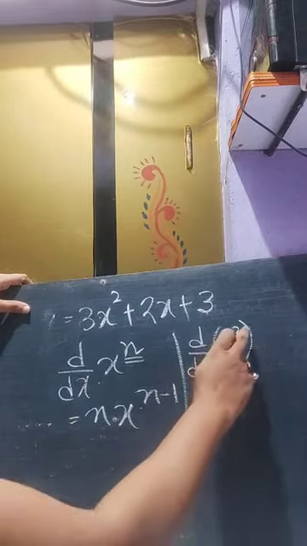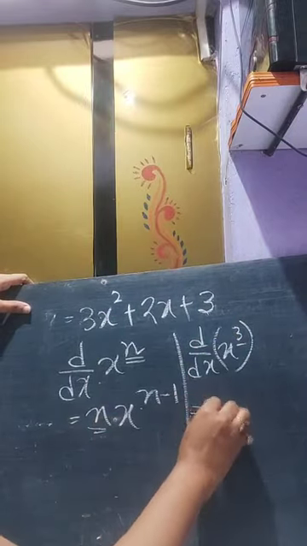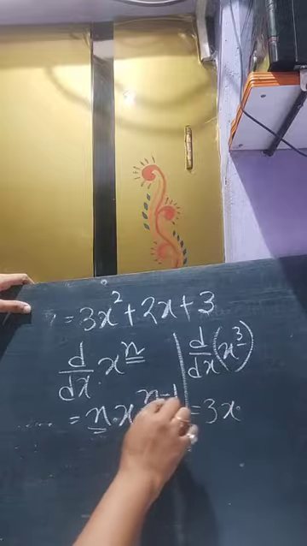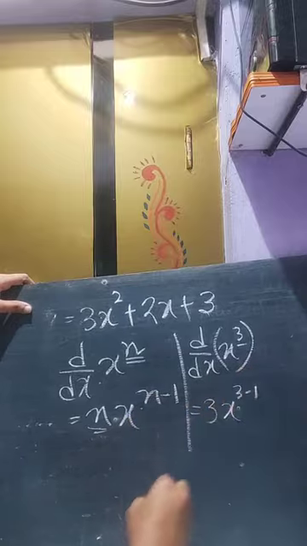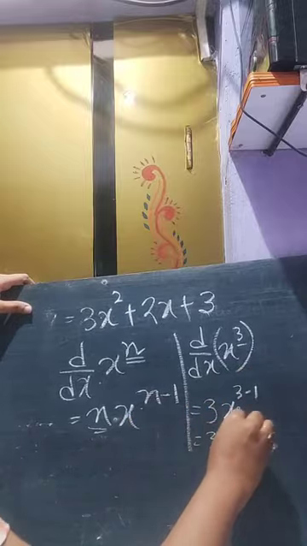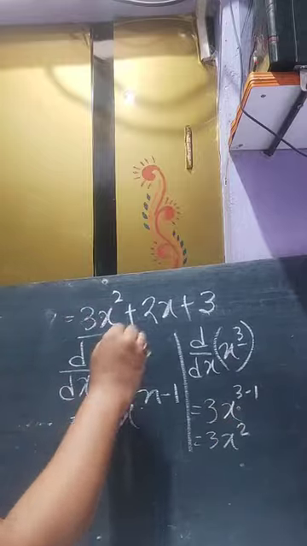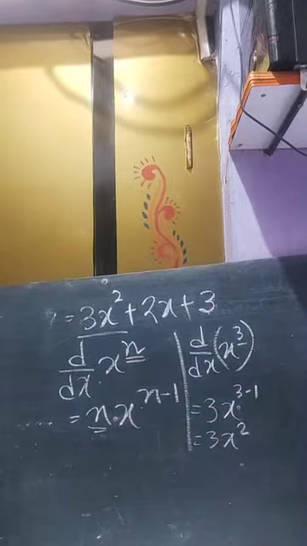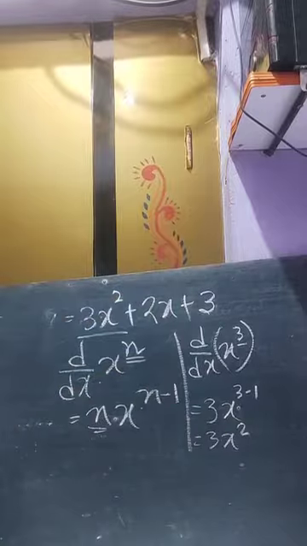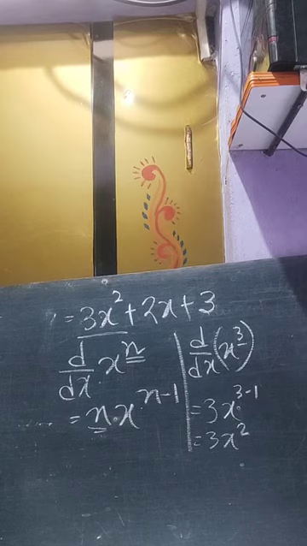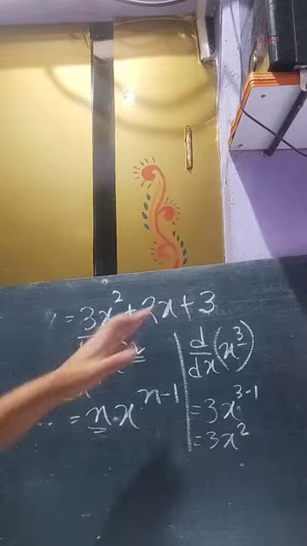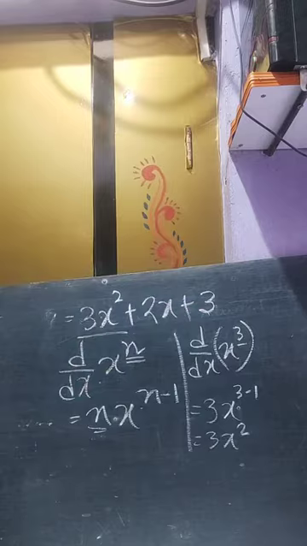So 3 times x to the power 3 minus 1, which results in 3x square. The same thing happens for x square as well as for 3x. 3 is basically a constant, so it is not operated on by the d/dx operator. Only x is operated on.